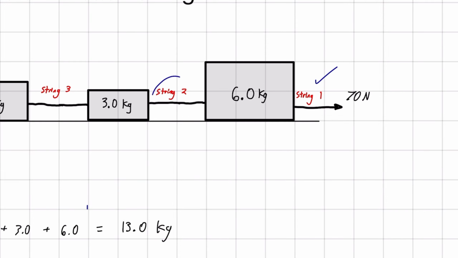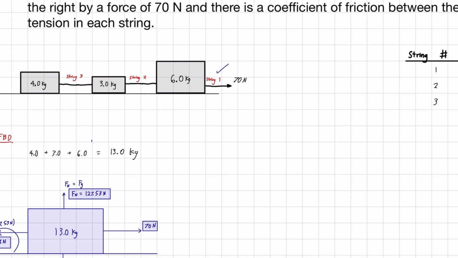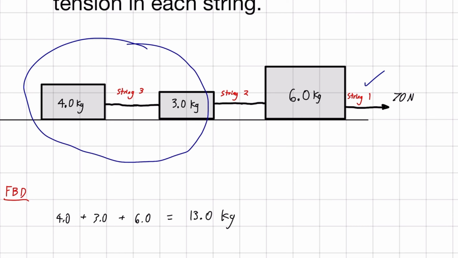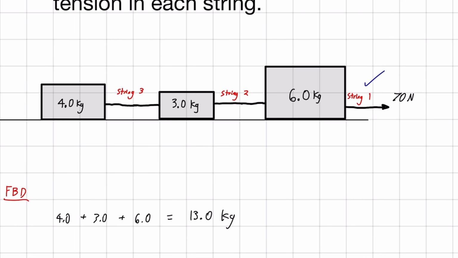The next one we're going to look at is string 2. And the method that we're going to use to find the tension in string 2 is really similar, but we're going to just be looking at these two blocks as one unit and kind of cutting the string here. So we're going to cut off the string at this green line and look at just these two units.